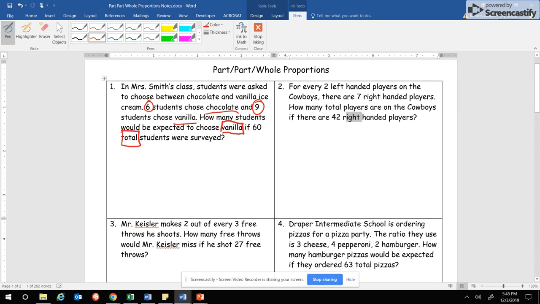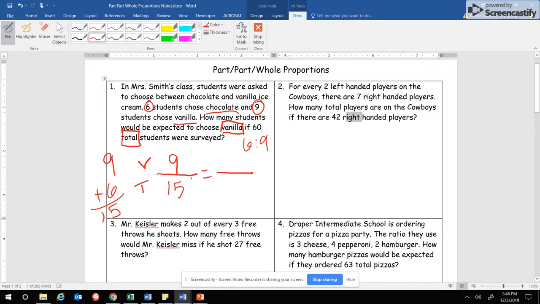So if we look to the question, it'll tell us our labels. So I've got vanilla and total. And those are my 2 labels. And if I go back to my original ratio, I had 6 chocolate and 9 vanilla, but that's not what I want as my ratio. I want to get the number of vanilla, which was 9, so I can fill it in. And in order to find the total, I've got to do 9 plus 6, which gives me 15.